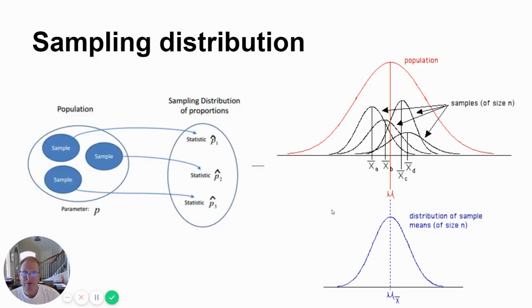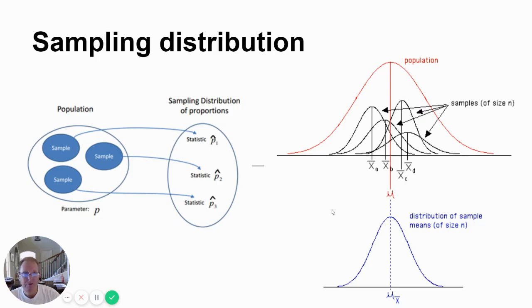This graph illustrates what we're trying to do here. Let's look at the graphs on the left first. Let's say we have the population and we take every single sample of the same size from that population, and for each sample I'm going to calculate a p hat. Then my distribution of all of those p hats is a sampling distribution.